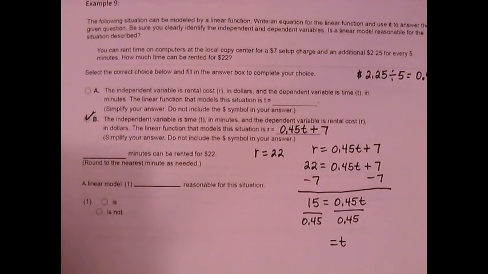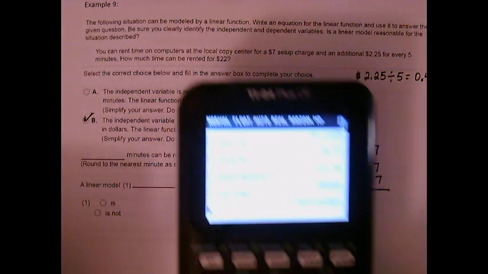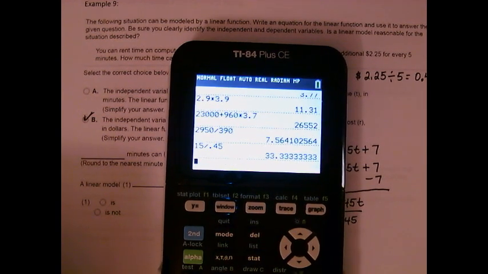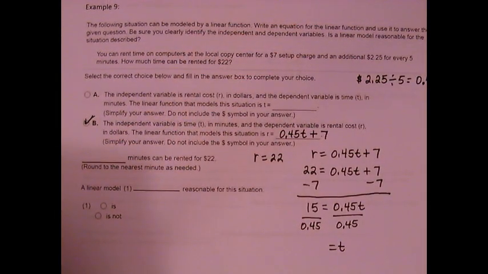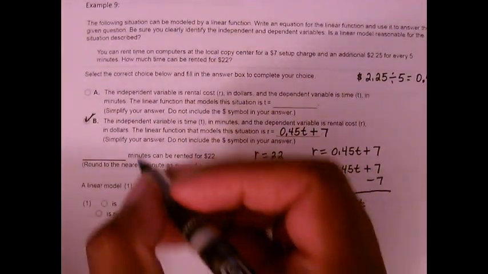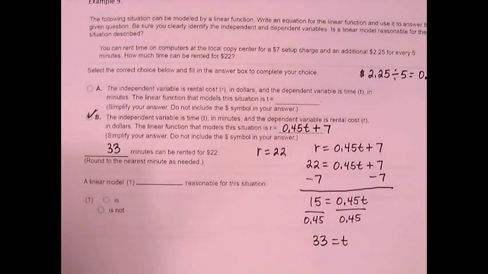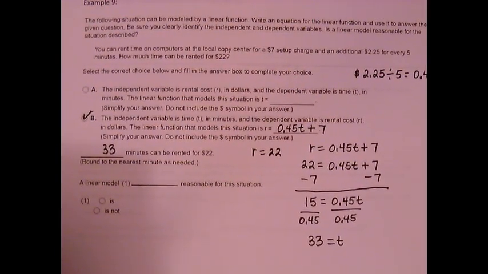So now T is equal to, now here we're going to round to the nearest minute. So here I got to do 15 divided by 0.45. To the nearest minute, it's going to be 33 minutes. So 33 minutes can be rented for $22.